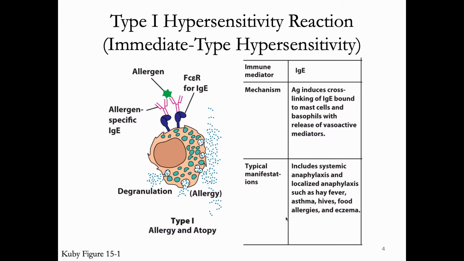One of the ways that you can usually tell a type of hypersensitivity is a type 1 is because it's really fast. It's an immediate type. So the key mediator in a type 1 hypersensitivity response is an antibody of the IgE isotype.